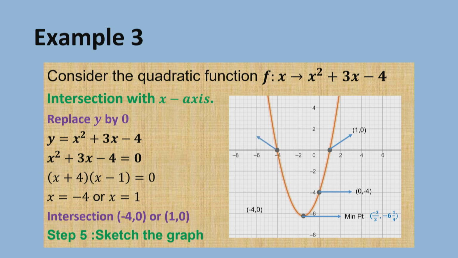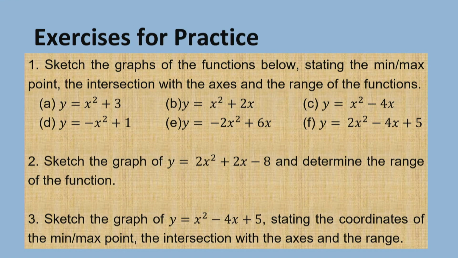That's (1, 0) and (minus 4, 0). Right, now a few exercises for you to practice. You need to sketch the graph and state the minimum or maximum point together with the intersections with the axes and the range of the function.